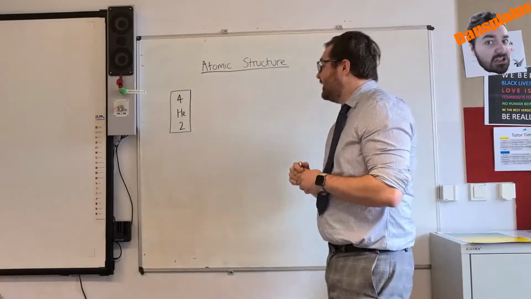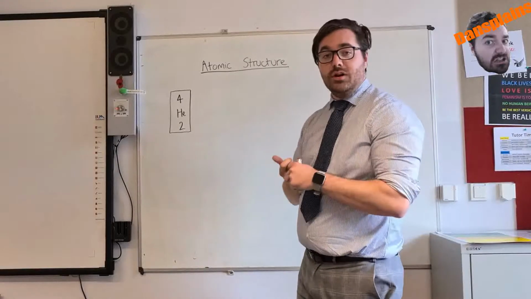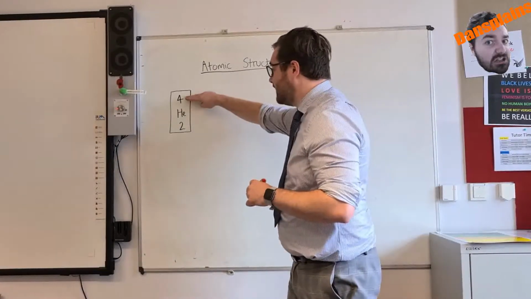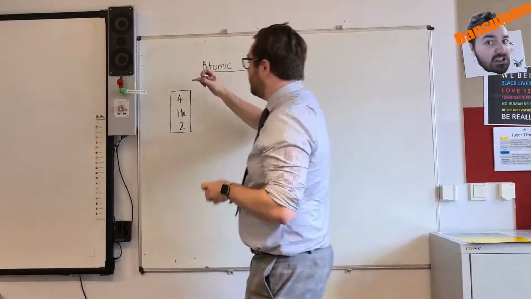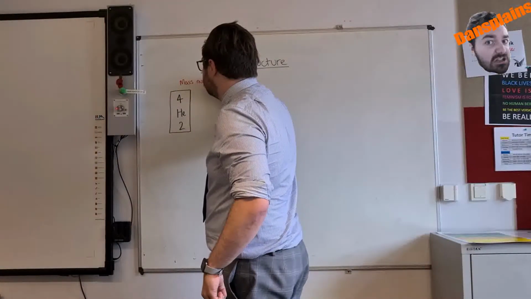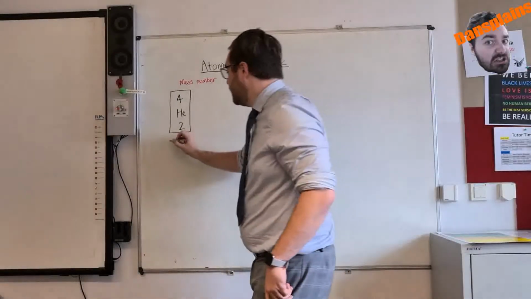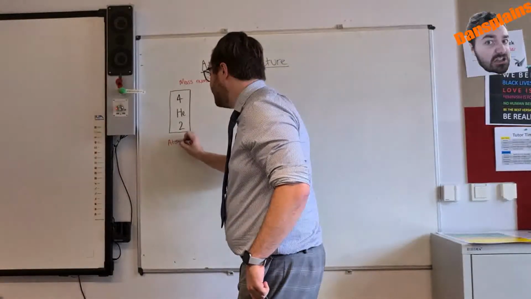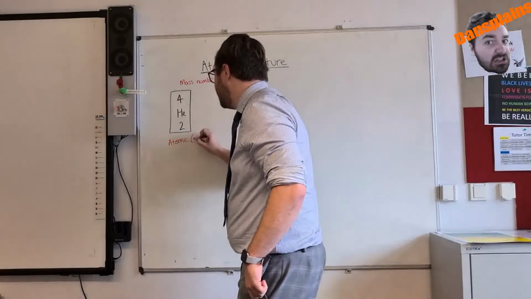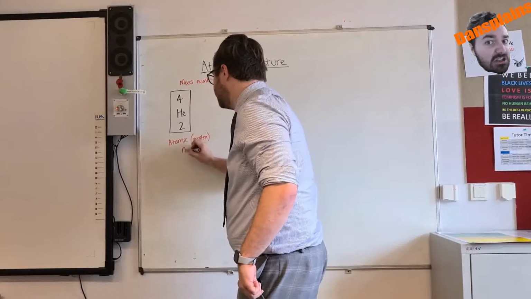Okay. If you look at your periodic table, you will notice that there are always two numbers. The first number being at the top, and that's referred to as the mass number. And then there is the number at the bottom. That is referred to as the atomic, and then in brackets it says proton number.